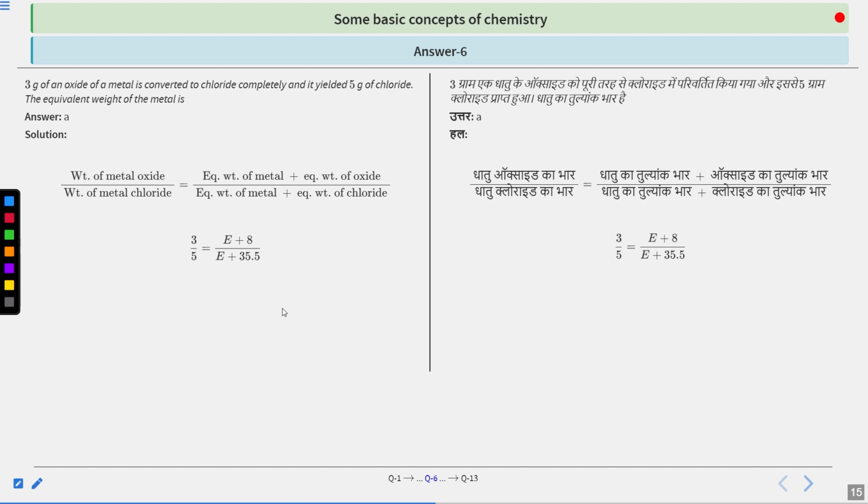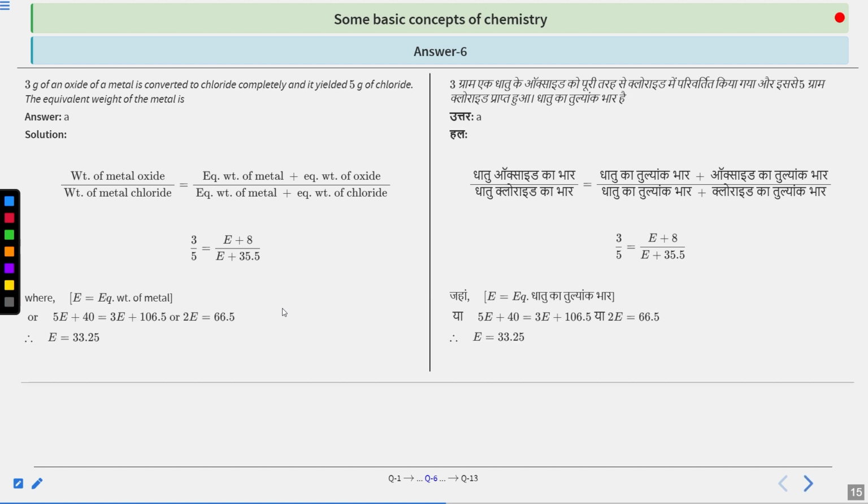Since the n factor is the same in both these cases, this cancels out, and upon doing this we get E plus 8 by E plus 35.5. For the metal, it will be E, which gives us the equivalent weight of metal. If you calculate this, 5E plus 14 is equal to 3E plus 106.5. That will give us E is equal to 33.25. This is your answer.